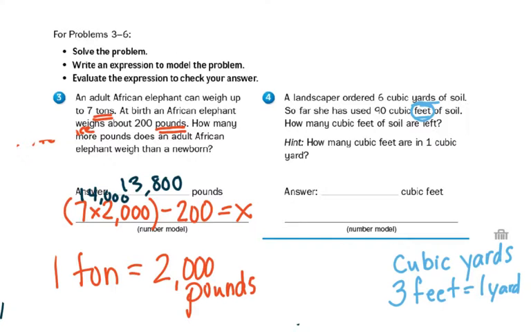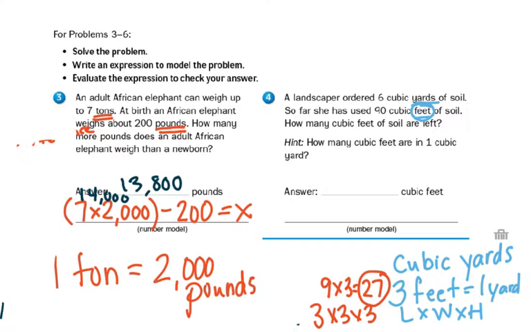So if we're talking cubic, we're talking length times width times height. So I'm taking 3 times 3 times 3, because there's 3 feet in the length, 3 feet in the width, 3 feet in the height. 3 times 3 is 9, times another 3 equals 27.